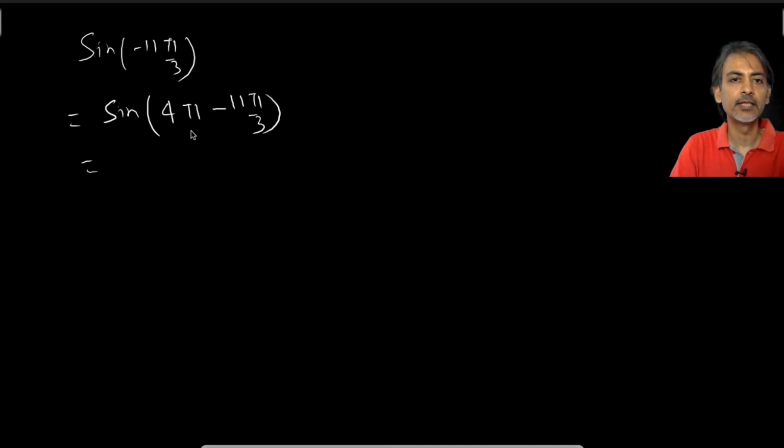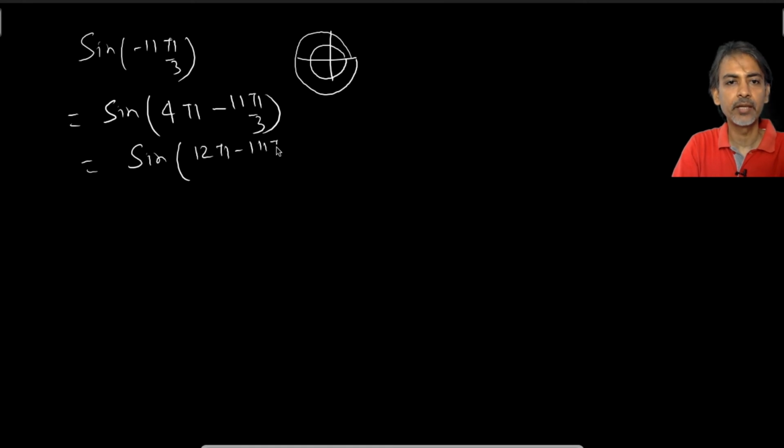I have just added 2 pi, rotating once and then twice. Once you do that, you will be reduced to sine of 12 pi minus 11 pi by 3, which is nothing but sine of pi by 3, which will be nothing but root 3 by 2, right?